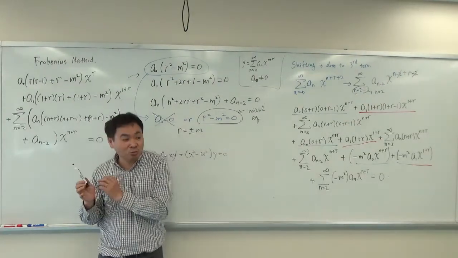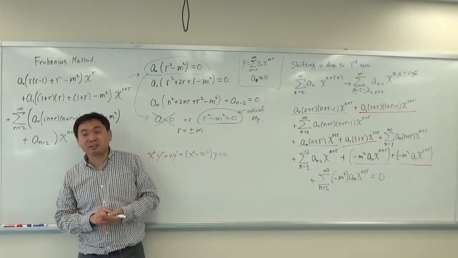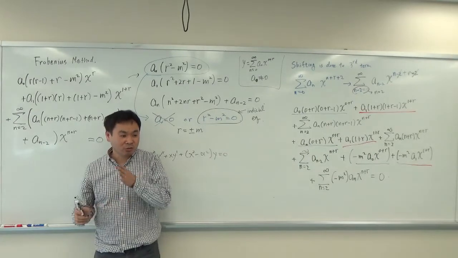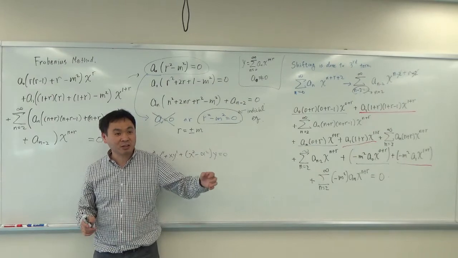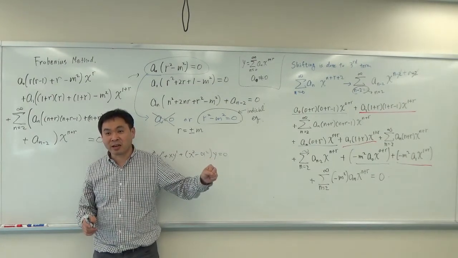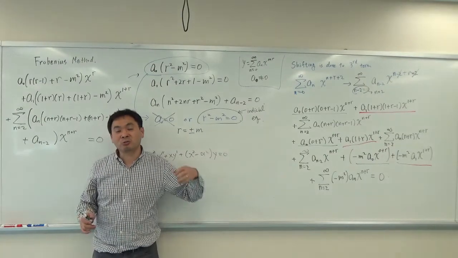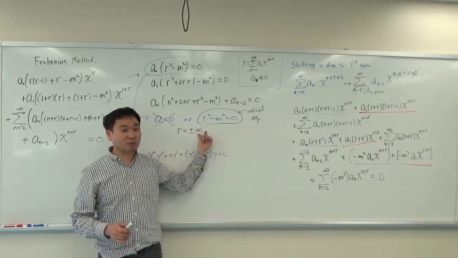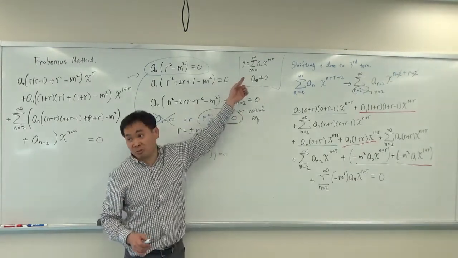So you can get the two solutions at once. That's the good case. Or it could be a bad case where you start from negative and you get up to that point. Suddenly, they contradict each other and everything before that becomes 0. And you just start with non-zero ones starting from the other one. So you start with the top one. In that case, you just get one solution of this form.